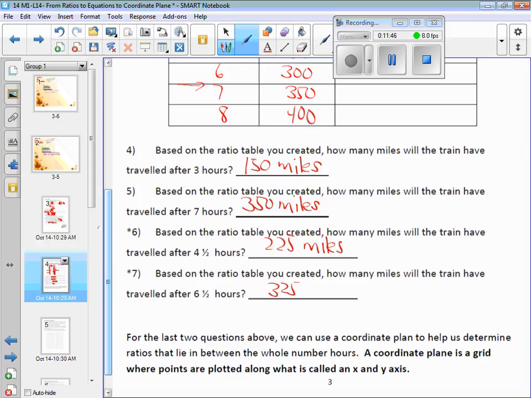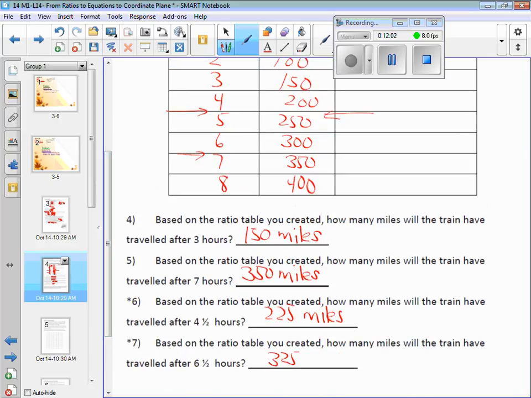Now watch this, and I'm going to give you a time limit on this one, okay? What if I told you, and there's a reason why I'm asking this question, what if I ask you, how many miles has it traveled after 6 hours and 10 minutes? Giuseppe.